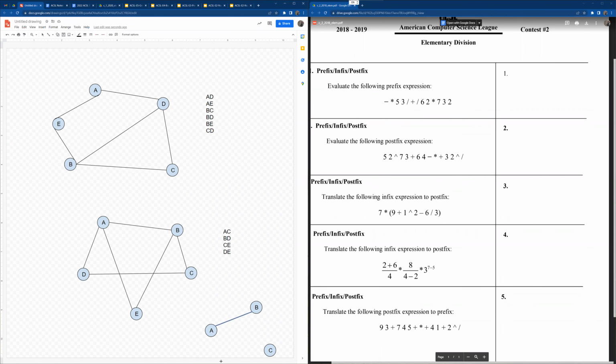To be a connected graph, I would have to connect the C into the graph. Now it's a connected graph. But is this a complete graph? No, because you don't have a direct connection from A to C.